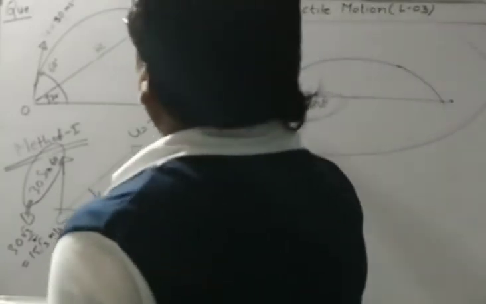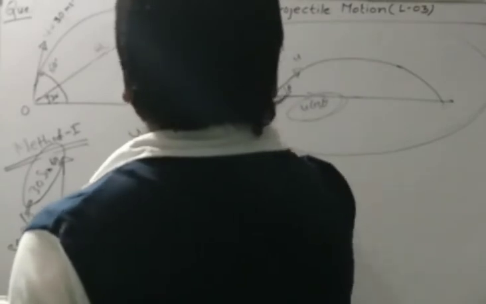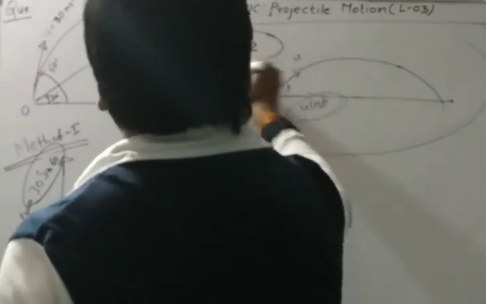Also, if OA is r, then what about this distance? Suppose this is point C. So this is u equal to 30 meter per second.